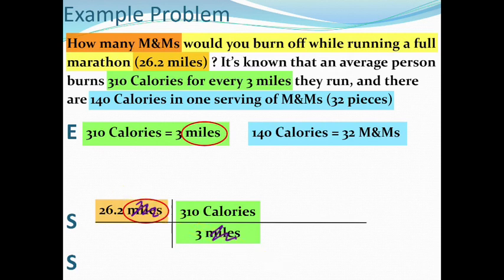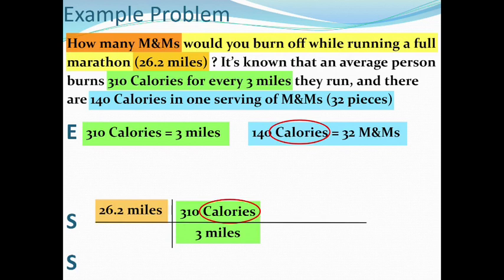And technically, if I stopped at this point and calculated this answer, that'd tell me how many calories I would be burning off in a marathon. But that's not what I care about. I don't want calories. I want M&Ms. So we're going to keep moving forward. Now that I have calories, I want to cancel them out. And this is when that blue equation can help us, because that's the equation that has calories.